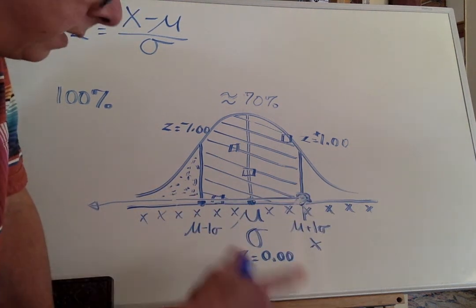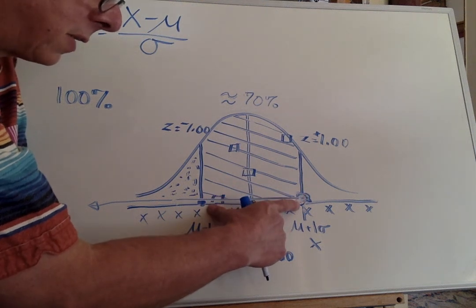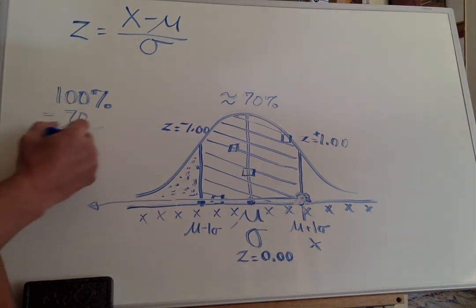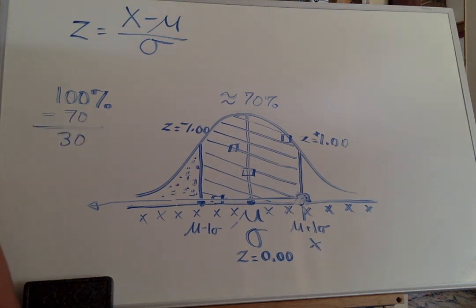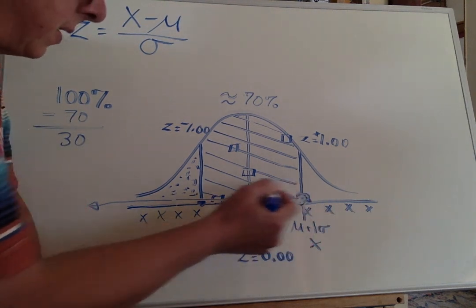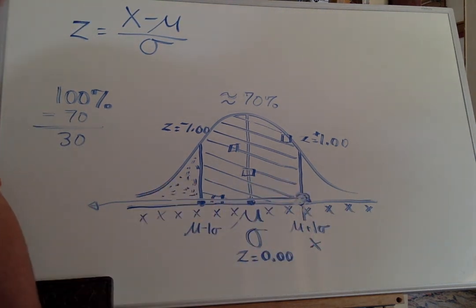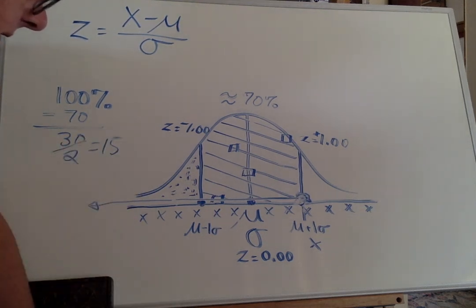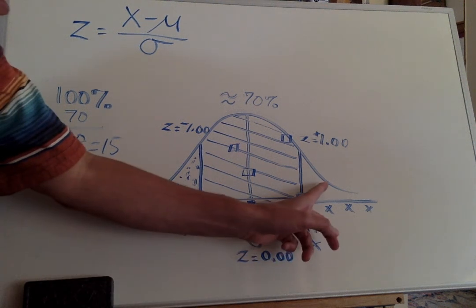How did I get that? 70% is here. If we take that away from 100, we're left with 30, right? And then that 30% is split up into two tails, so we'll divide that by 2. That's 15 here, 15 here.